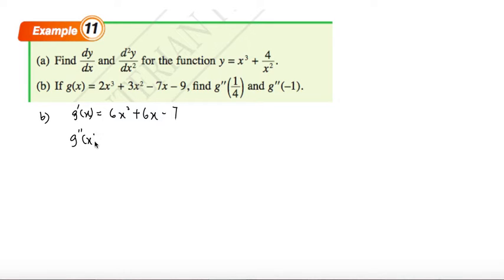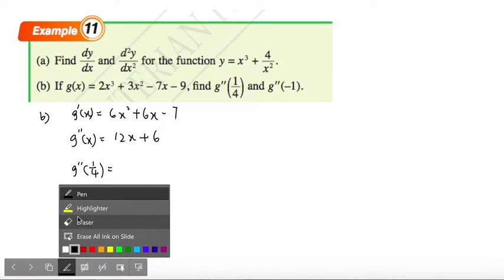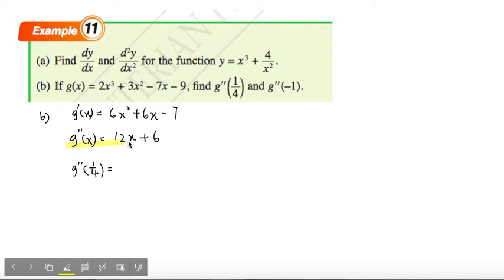So g double prime, 6 times 2 is 12x plus 6, the second derivative. Now there is no more x, this one is a number, so we substitute the number into x. Using which function? Using the second derivative function. Just substitute the value inside, that's all.